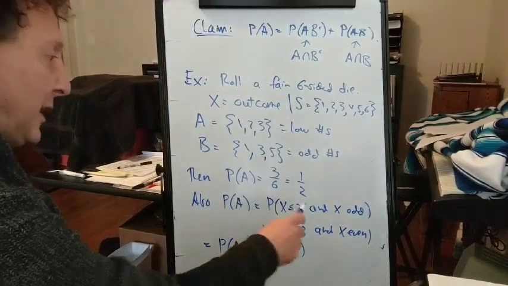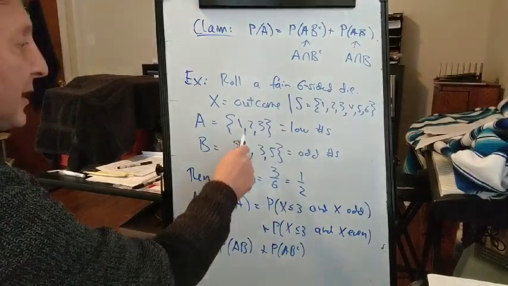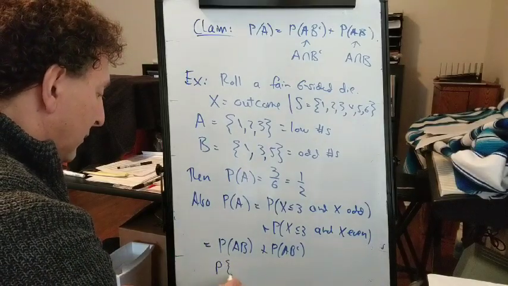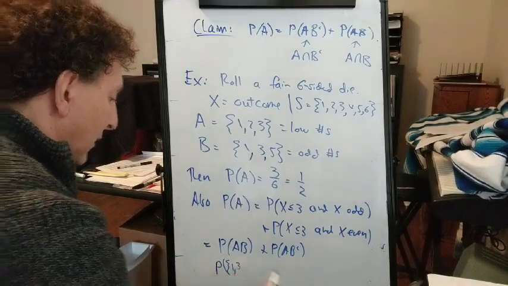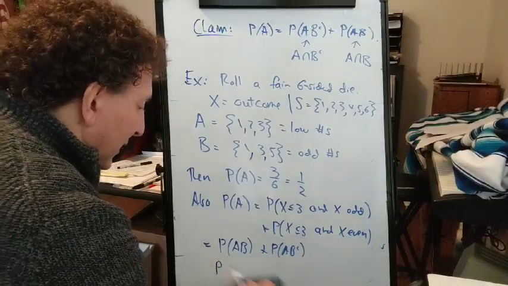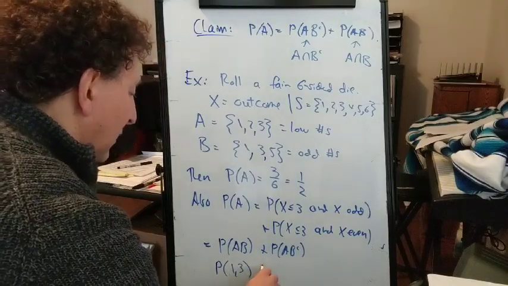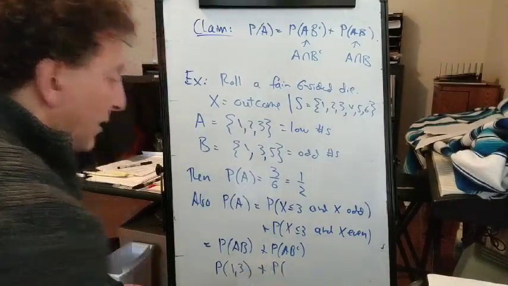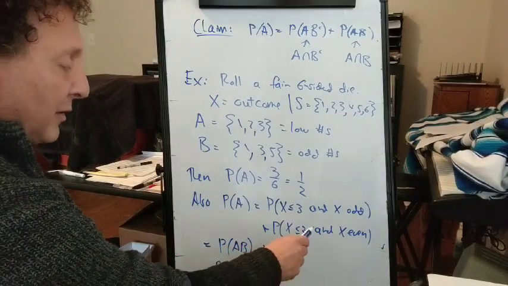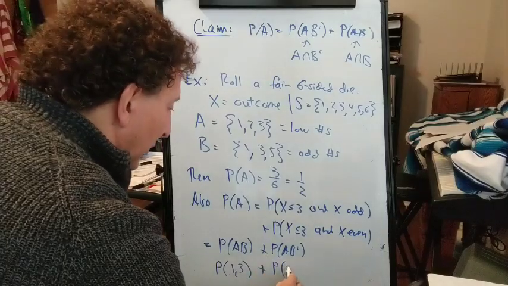So for in B, X is less than or equal to 3 and X is odd, looks like those are the numbers 1 and 3. I'll leave out the curly braces. Probability of getting a 1 or 3. Then if we're in A and B complement, that is X is less than or equal to 3 and X is even, looks like that's just 2.